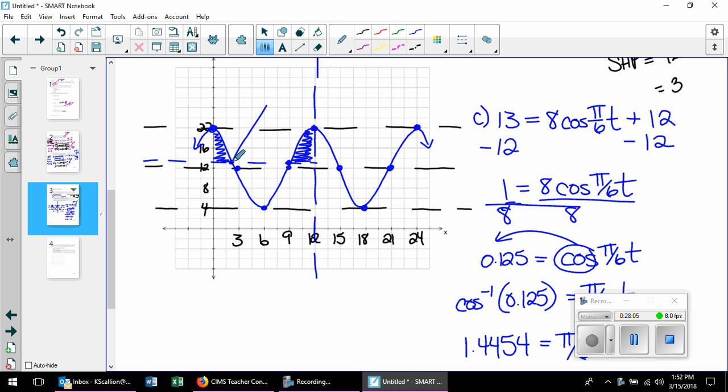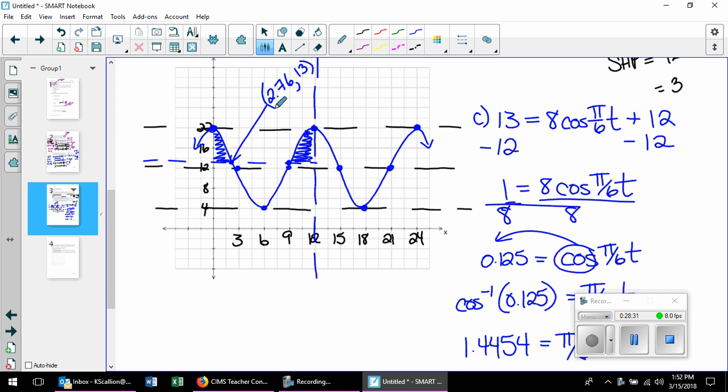So this coordinate pair right here is 2.76 is my x value, and 13. So 2.76 hours after high tide, the water level will drop below 13 meters.